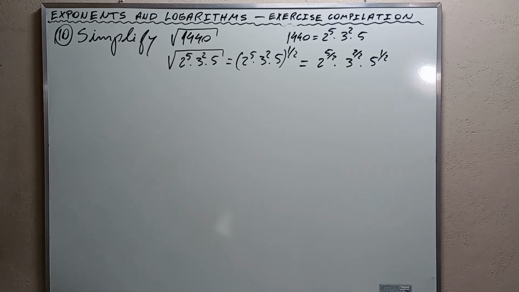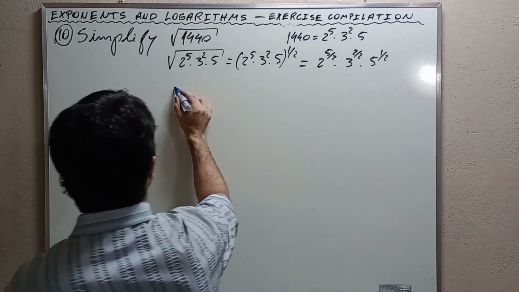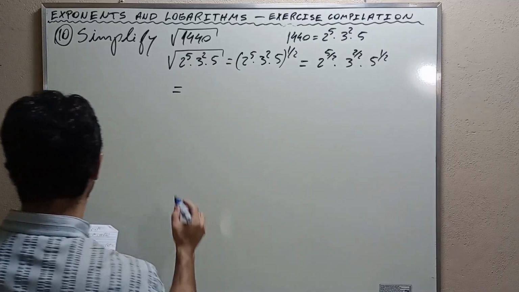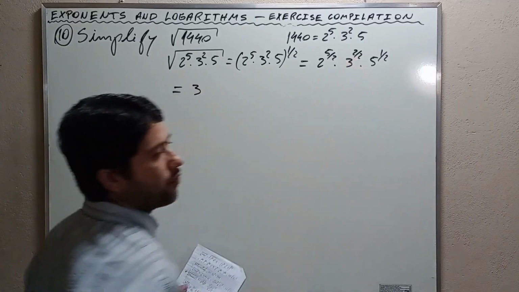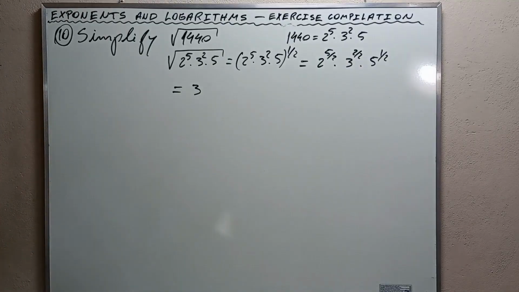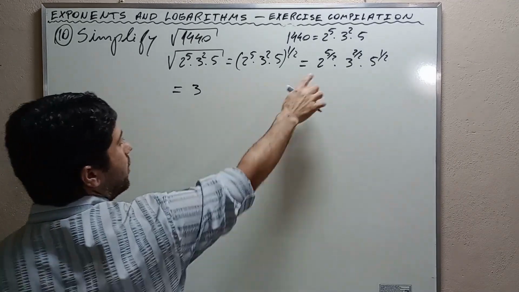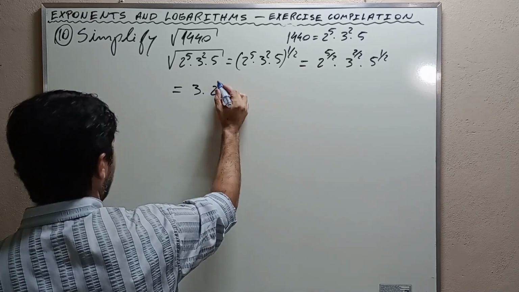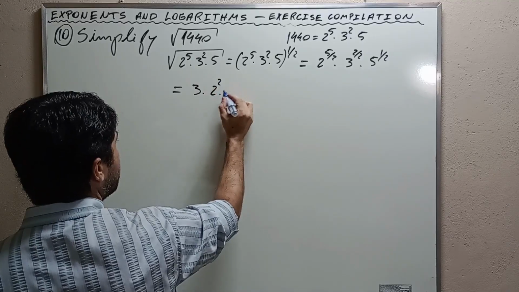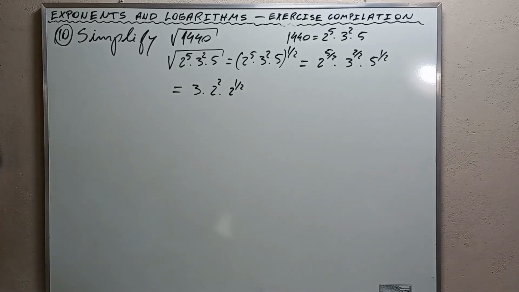And in this way, we find that it is equal to 3. 2 divided by 2 is 1. 3 raised to the power of 1 is equal to 3 times, I'm going to split it apart here, this 2 here, and I find that it is 2 squared times 2 raised to the power of a half, okay?